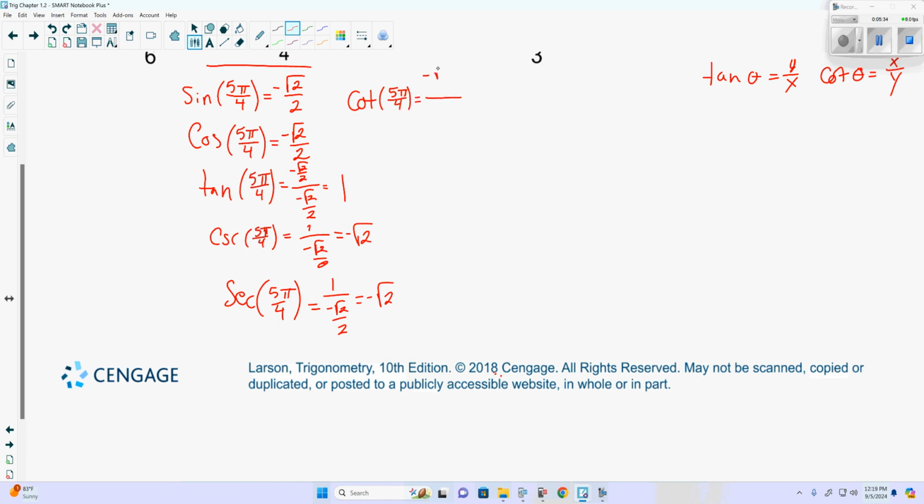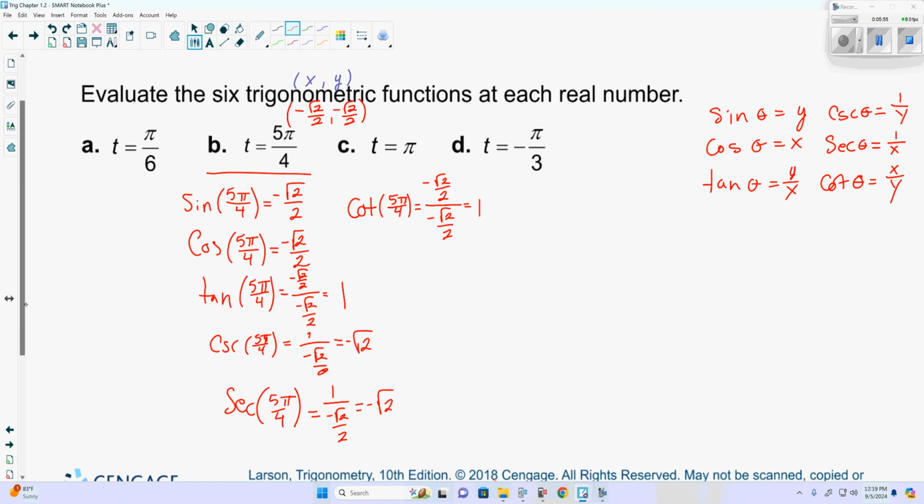This time it's x, negative square root 2 over 2, over y, which also works out to be 1. Questions on how we got these 6 values? Does this make a little more sense?